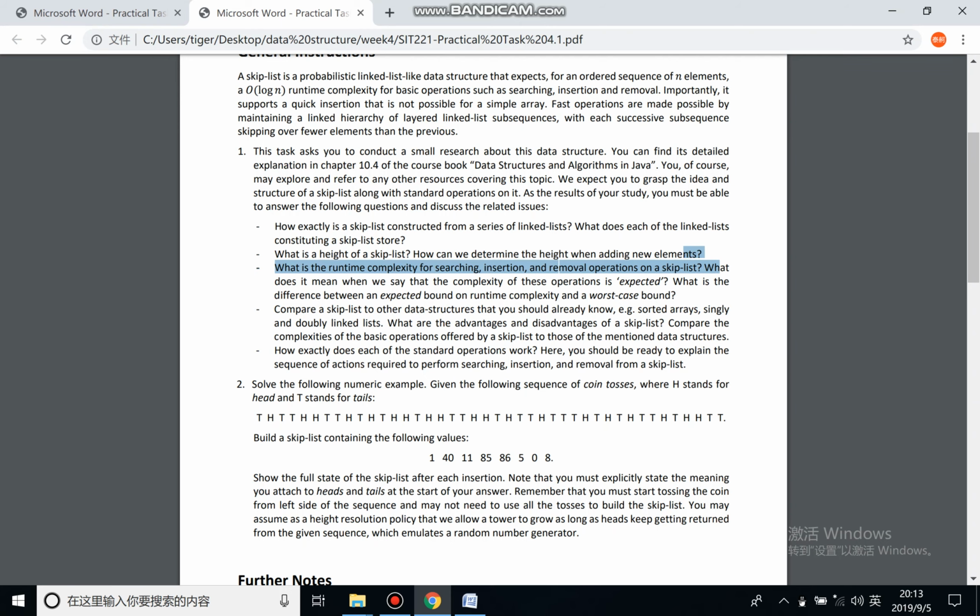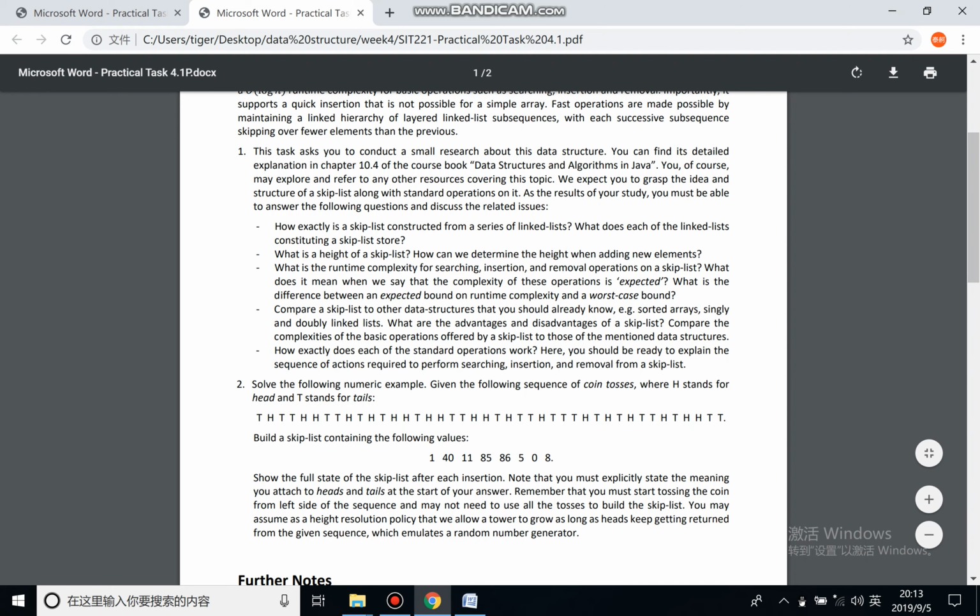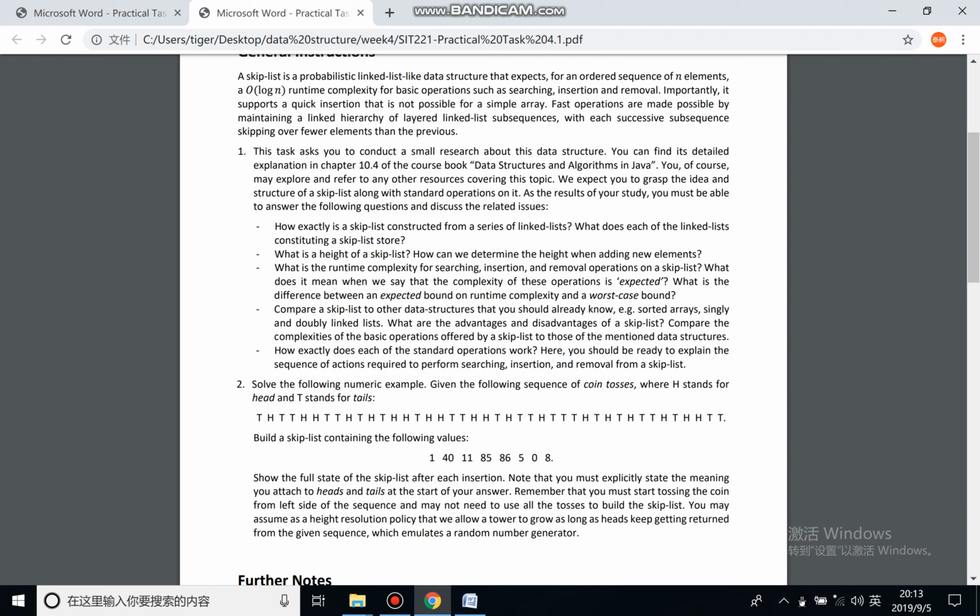The second small question is what is the height of a skip list, and how we can determine the height when adding new elements. The height of a skip list is usually log n. We determine the height randomly, so it is uncertain, but it is all around log n, because we have a 50% chance to move a node to the higher layer.